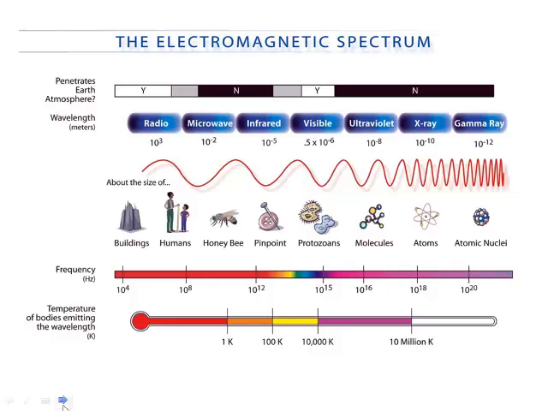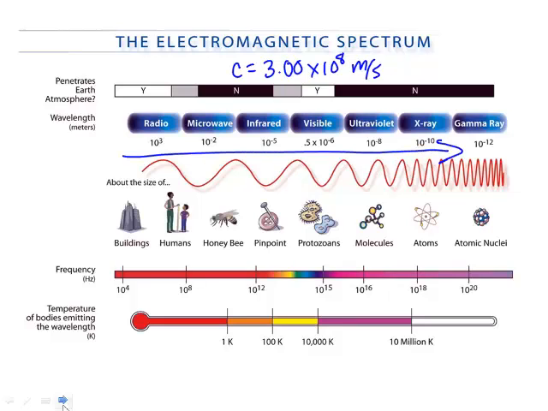Talking a little bit about the electromagnetic spectrum, remember that all these waves travel at the speed of light, which is c, 3 times 10 to the 8 meters per second. Remember that as we go to the right on the electromagnetic spectrum, we see a gain in energy.